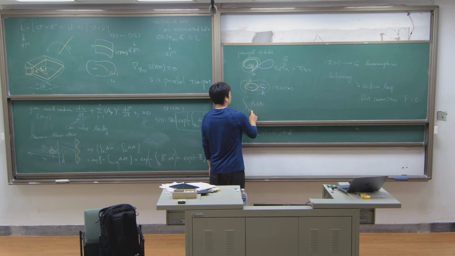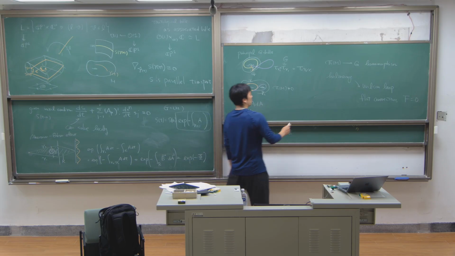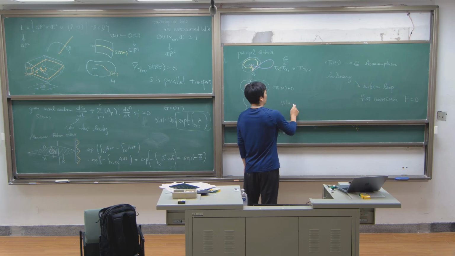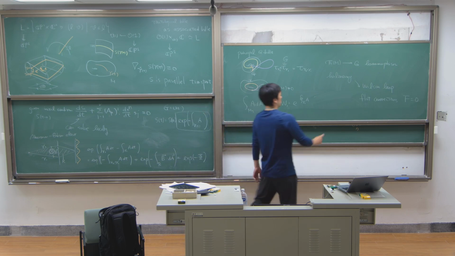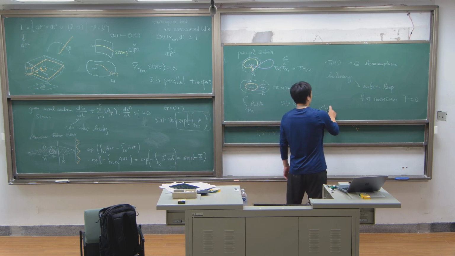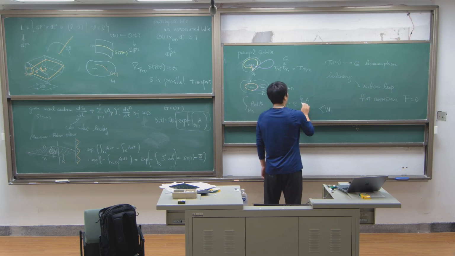So this is M3, and you just consider the so-called Wilson loop, e to the integral of A over K1, and we consider the Wilson loop expectation value.